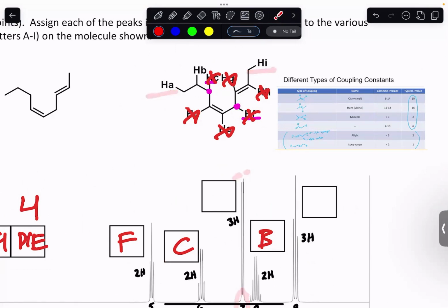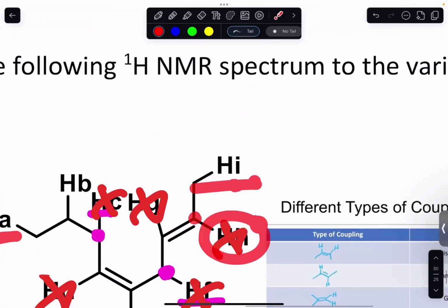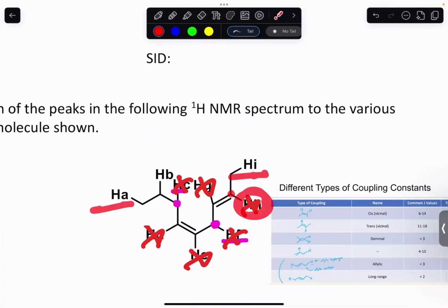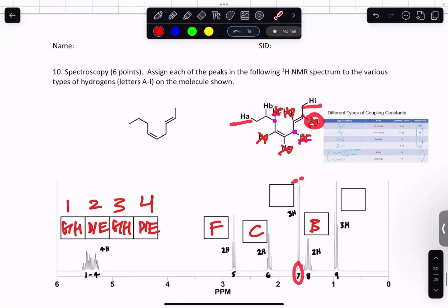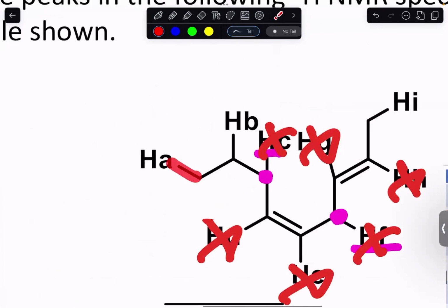It's going to be I because it has 1 neighbor here, which is H. So this is I, and that makes this A, right? Which has 2 neighbors, right? Because these are the 3 A hydrogens, and its 2 neighbors are these 2 HB hydrogens right there. And this is H NMR, so we're looking at the hydrogens. This is not C NMR, right?